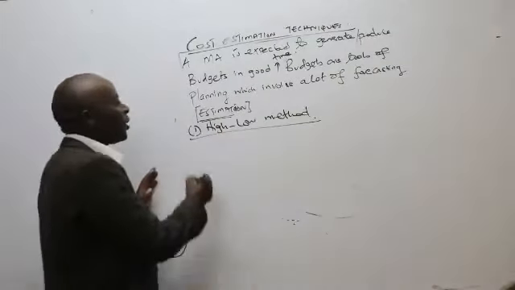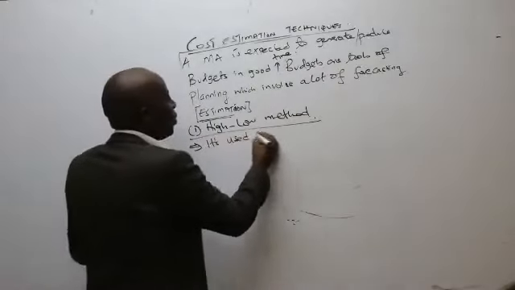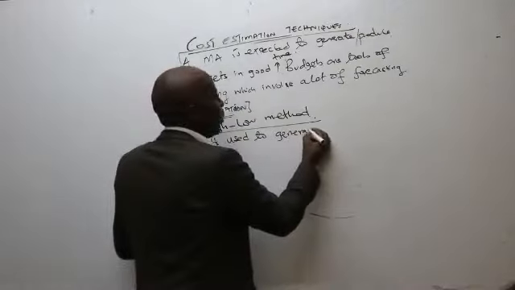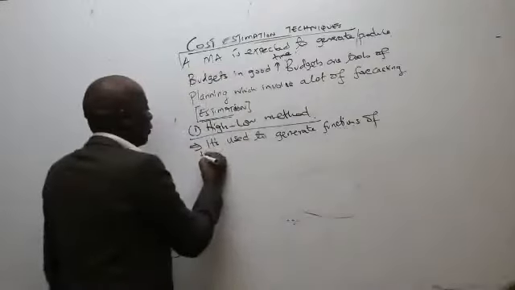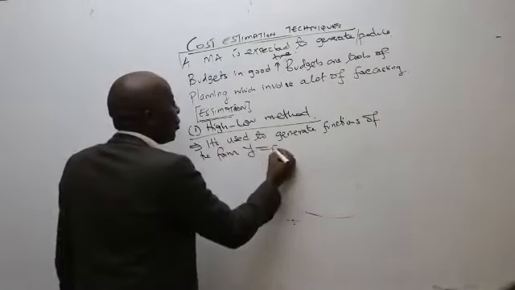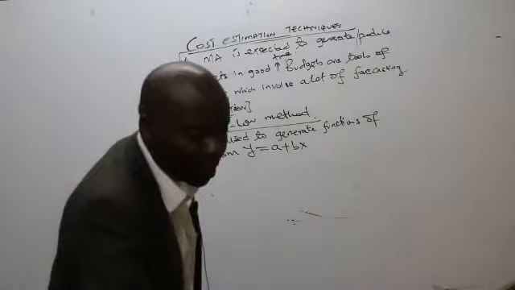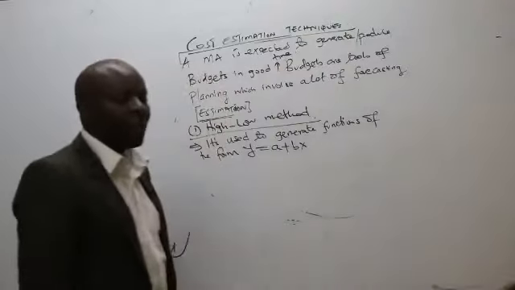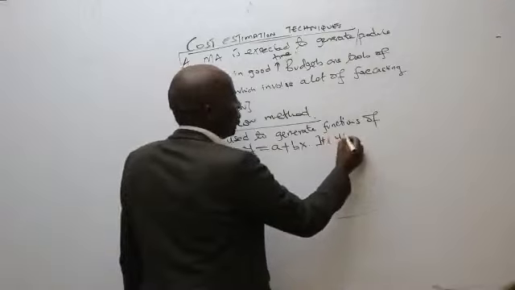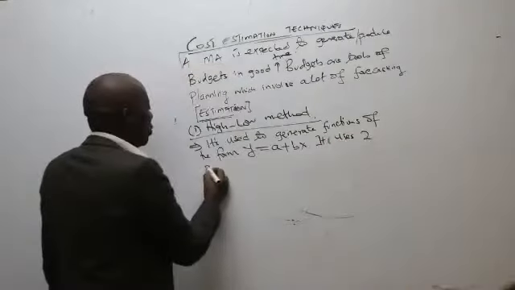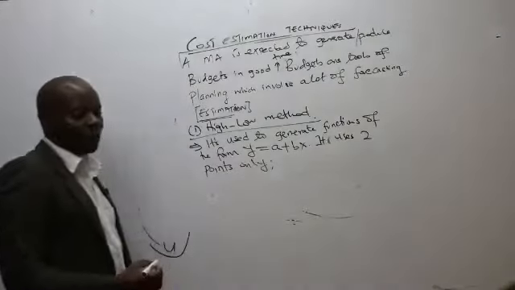This high-low method, ladies and gentlemen, is a method that is used to generate functions of the form y equals a plus bx. It uses 2 points only.